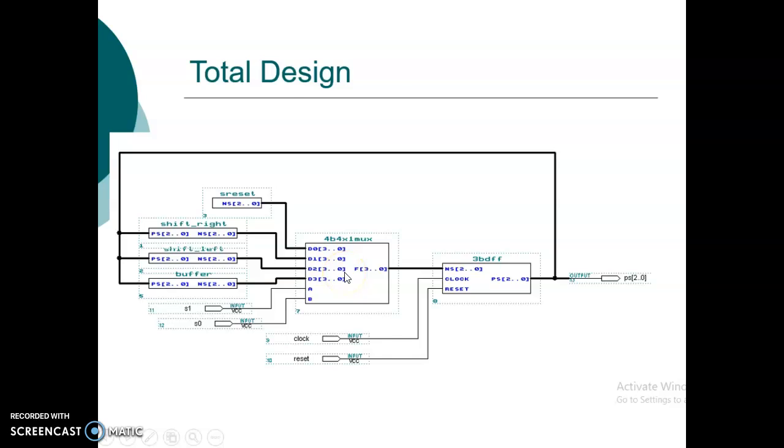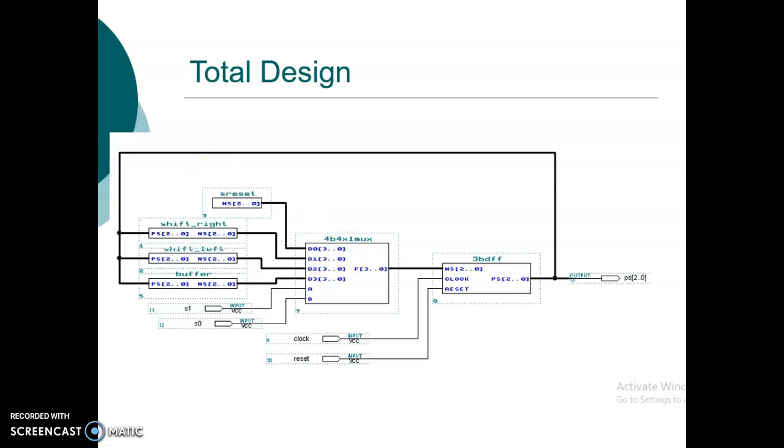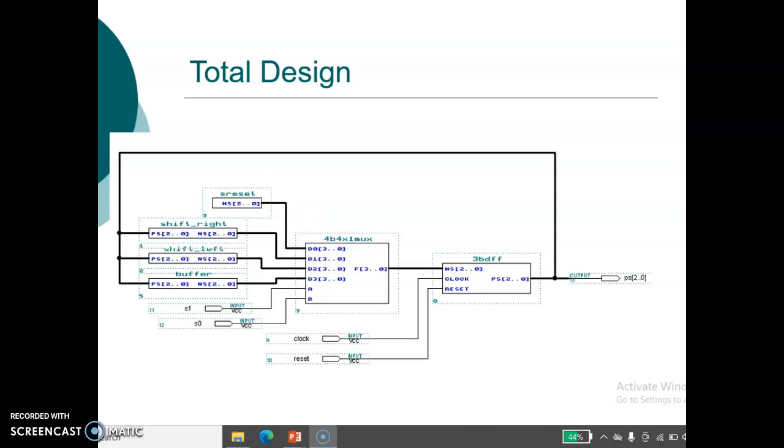This is the total design. In this total design, yes, reset here. Reset NS0 to 2 and shift right 0 to 2, PS 0 to 2, NS 0 to 2.